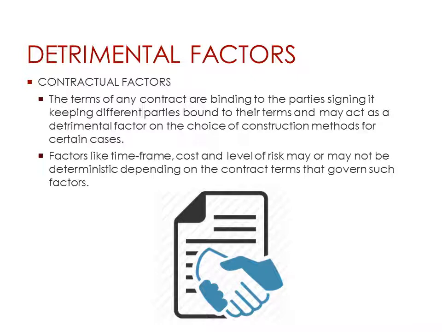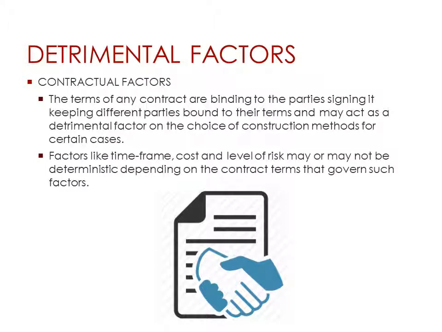Also, contractual factors. In some cases, contractual factors could be detrimental. Like, for example, time. Typically, time is not a detrimental factor. However, if a clause mentions in the contract that time is of the essence, then of course it becomes a detrimental factor.